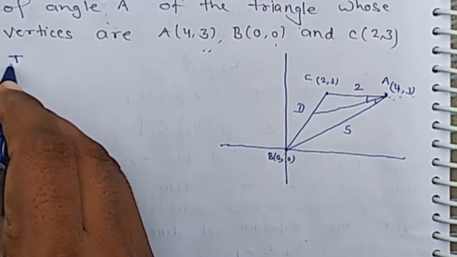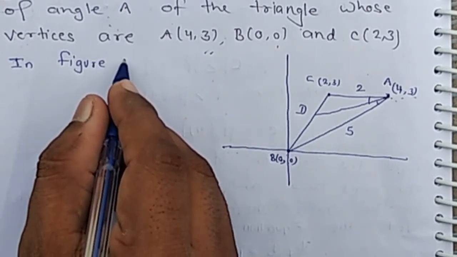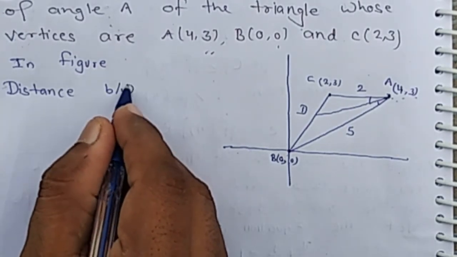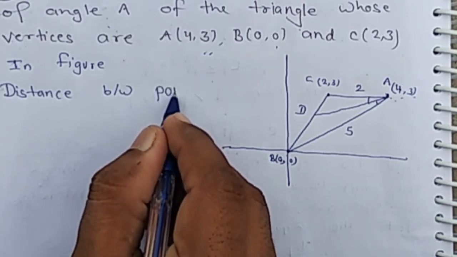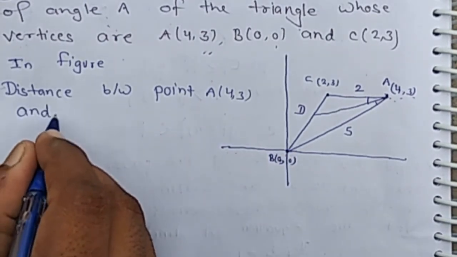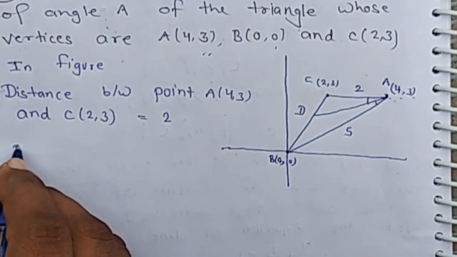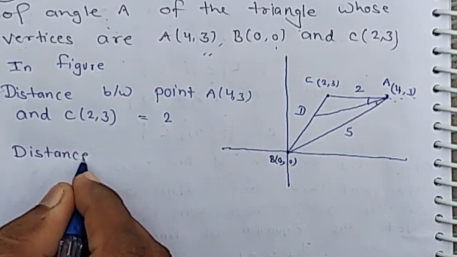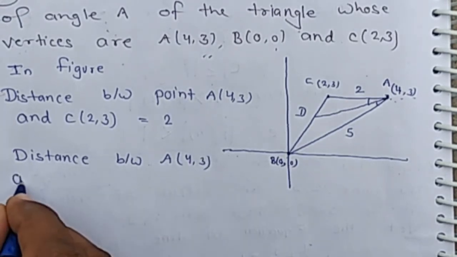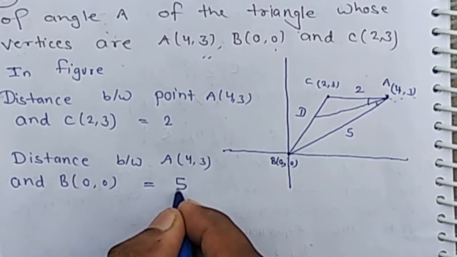Now in the figure, the distance between A and C is 2, and the distance between A and B is 5.